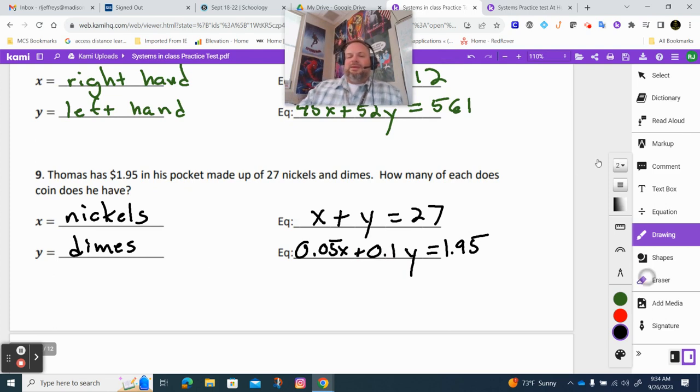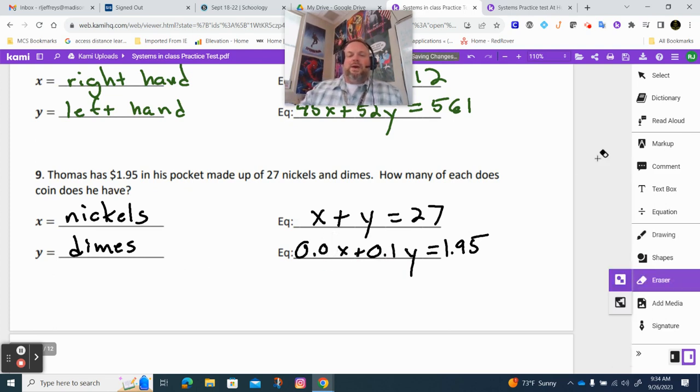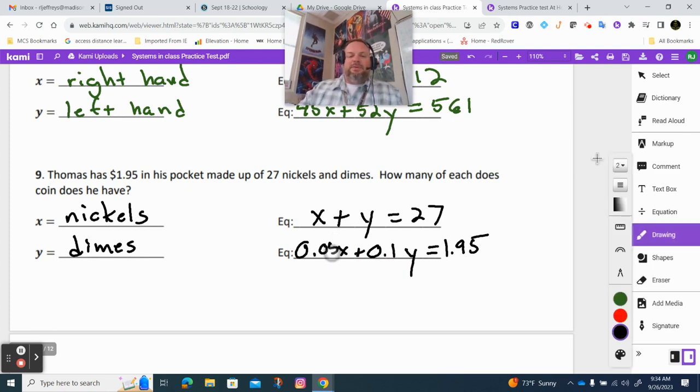Now, here's the deal. The way mine is set up may be different than yours, because if you said dimes were X and nickels were Y, the numbers are going to be swapped. So I'm going to really look at how you define your X and Y's.